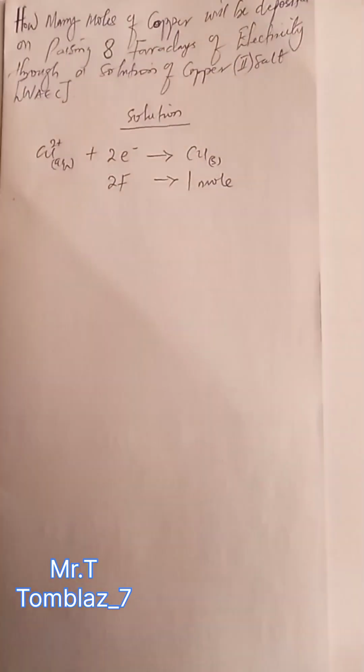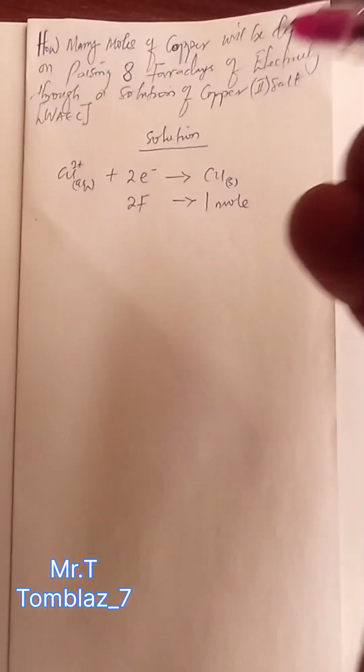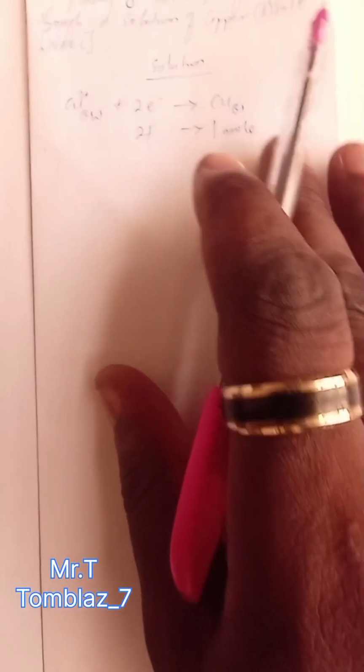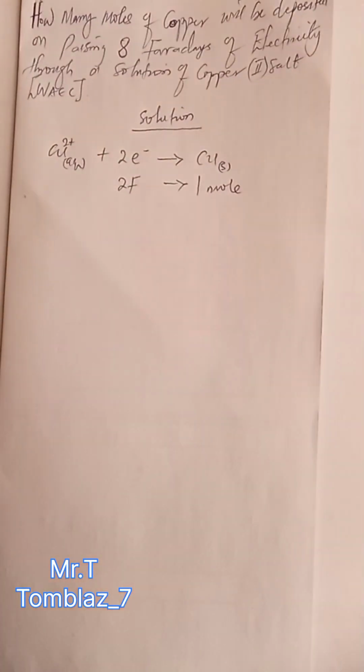Now, the next thing to do is to relate the question to the number of moles we'll be looking for, because they say we should find the moles of copper that will be deposited on passing 8 faradays of electricity.